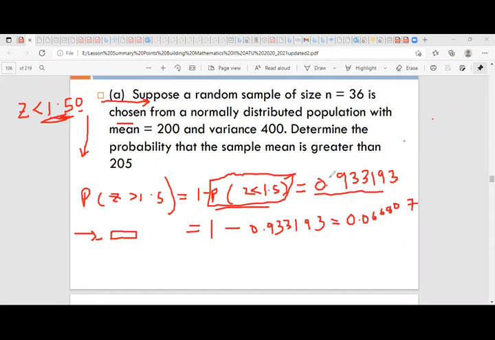Somebody is asking, we have 1.5, so why do we look at the 0.00 column? I said in class that on the table, you read to 2 decimal places. So even if the answer is Z less than 1, just make it 1.00 and use that to read from the table.